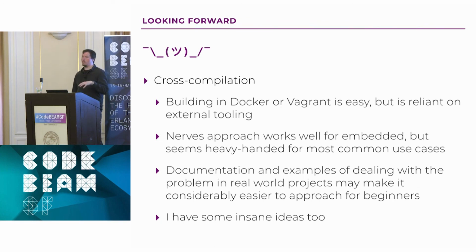If you're getting into Elixir and you've never touched Docker or Vagrant, which maybe is unlikely, but could definitely happen, you may not be willing to learn this stuff, and it might be a very big point of frustration, cause people to give up, right? So I think if we can cover the documentation of this and ease that path a little bit, it will be much easier for people to get started, at least initially.